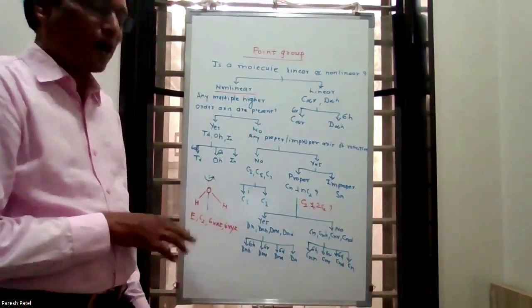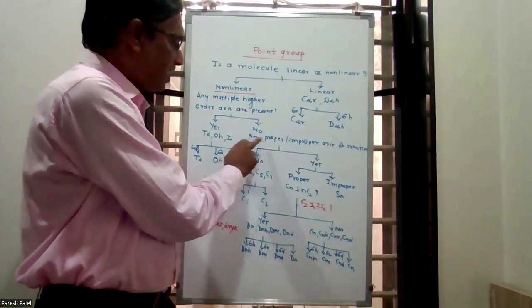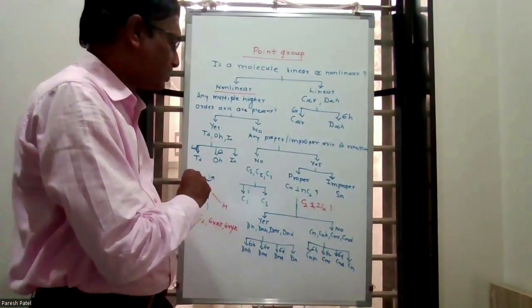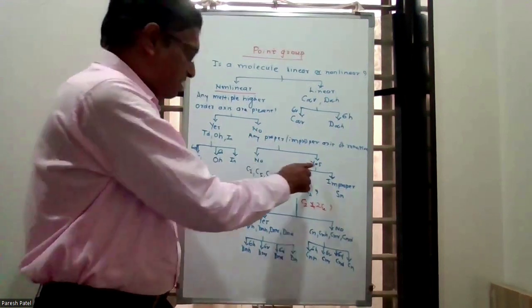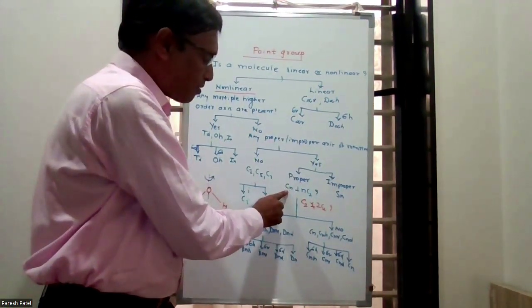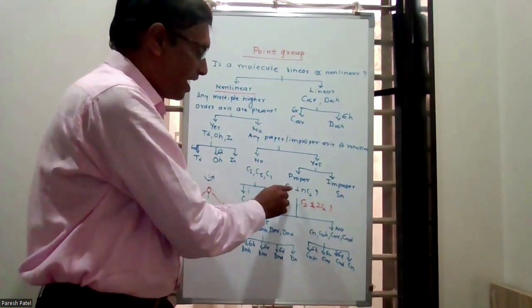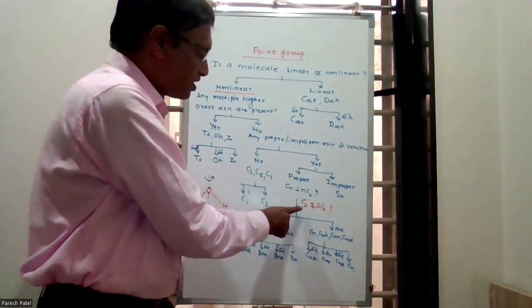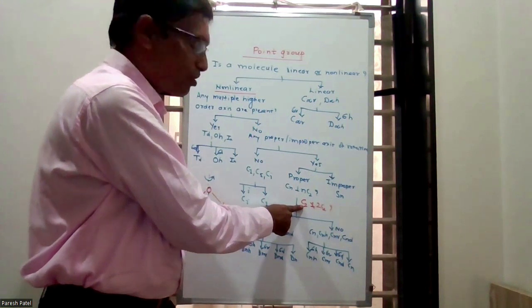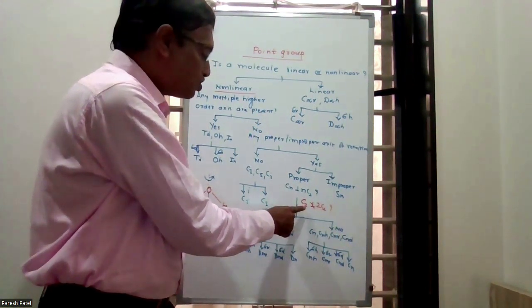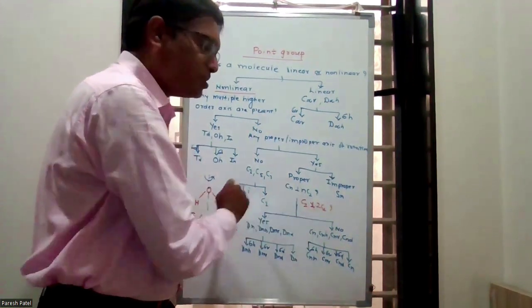Okay, so dear participants, we have to go for any proper or improper axis of rotation. Yes, proper axis. In the case of the proper axis, is Cn perpendicular to n C2s, where n means the order of the axis? So in the case of the water molecule, the order of the axis is equal to 2. So is C2 perpendicular to two C2s?